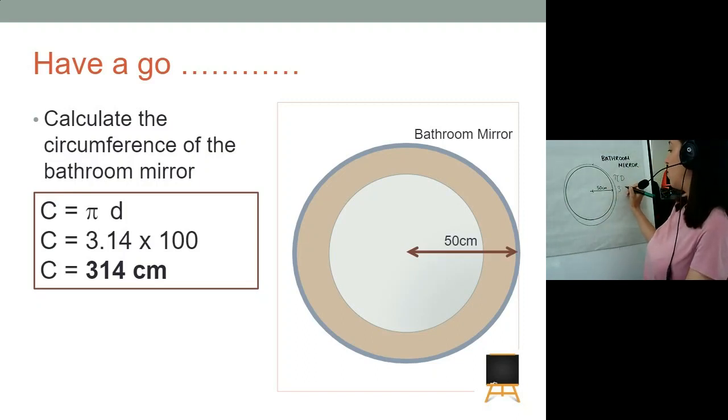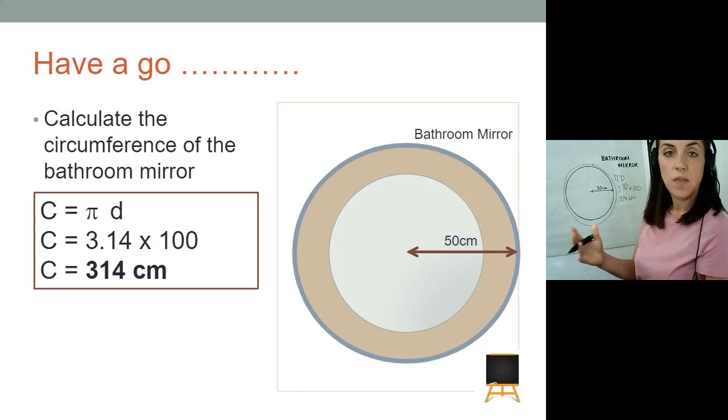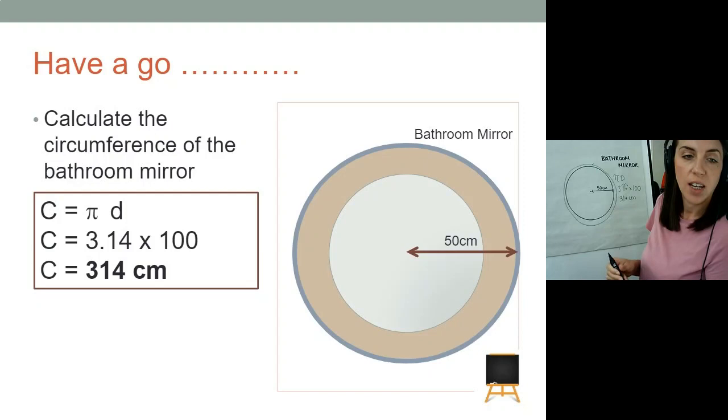So pi d would be 3.14 multiplied by the diameter of 100. And if we're multiplying by 100, we can move this decimal point 2 places to give us 314 centimetres. Or if it was in a calculator allowed exam, use your calculator, just to check that you are correct.